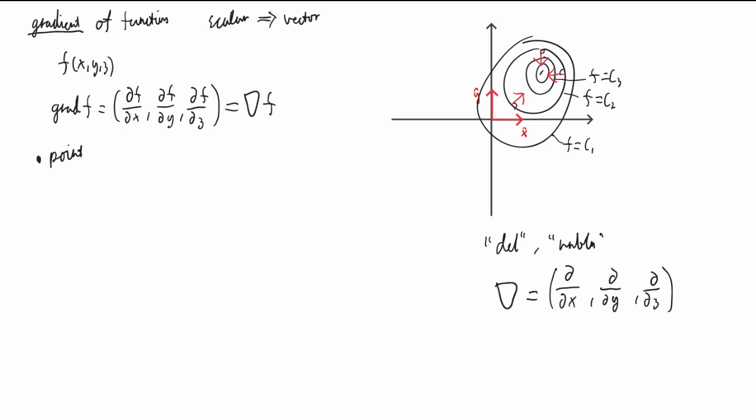The gradient vectors point in the direction of steepest increase in f. And also the magnitude is going to be proportional to the slope. I didn't really draw that here, but the magnitude of the gradient vectors here is going to be greater than the magnitude over here, because the function f increases more rapidly.